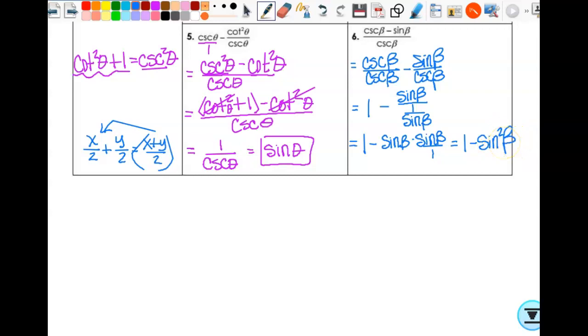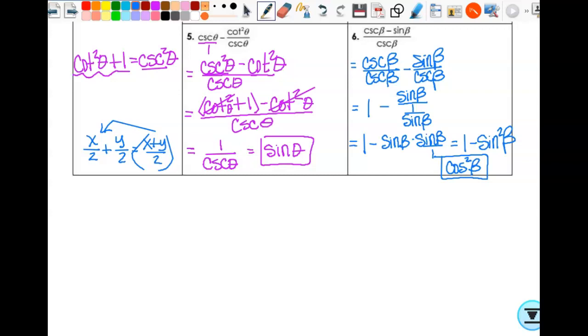And what is 1 minus sine squared? Cosine squared. What questions do you have? All good so far? Yes?